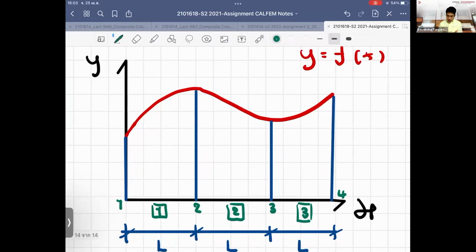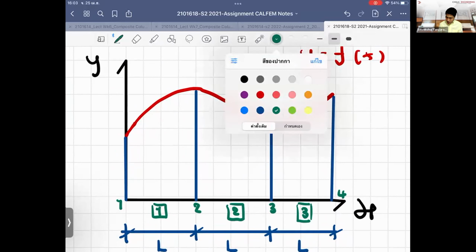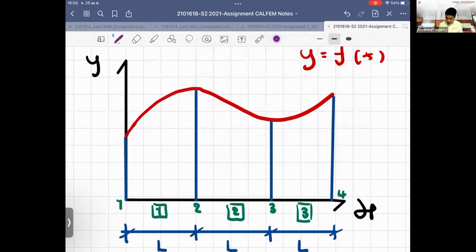And we use some type of approximation in the finite element. Then we use Gauss point integration. So what has happened? I say that, okay, we assume it's 2 Gauss points.